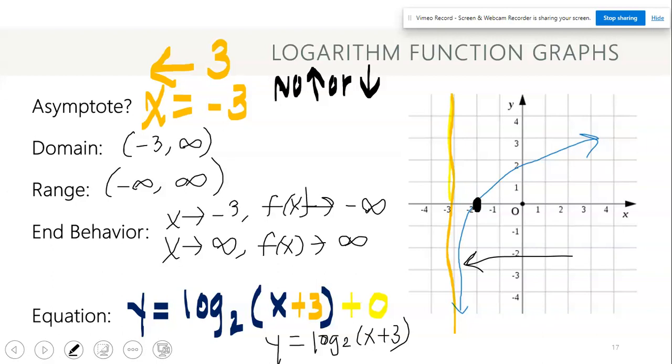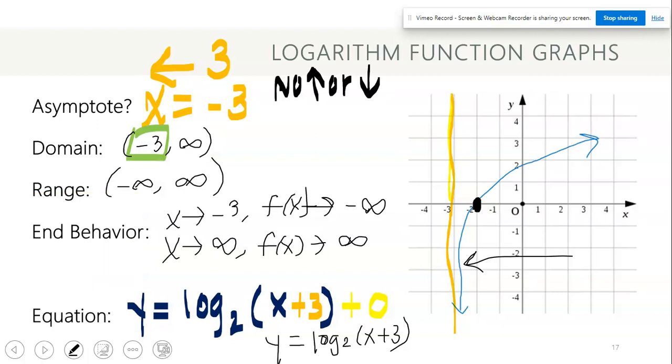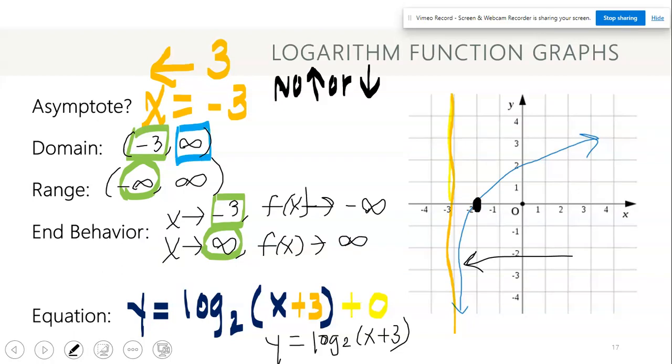Again, the domain has a direct effect on our end behavior in multiple ways. I did this backwards.